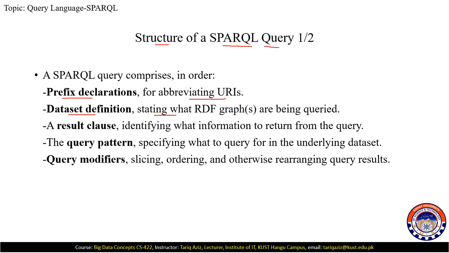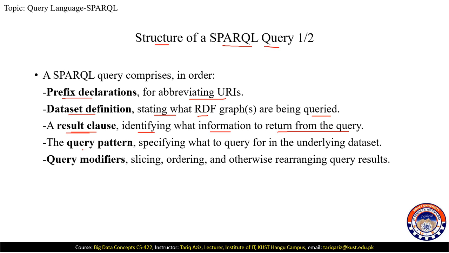Why? To state what RDF graphs are being queried. And then we will need the result clause, to identify or extract the information to return from the query. The information which the query will return will be represented by the result clause.